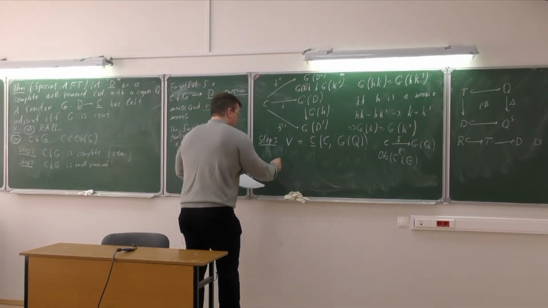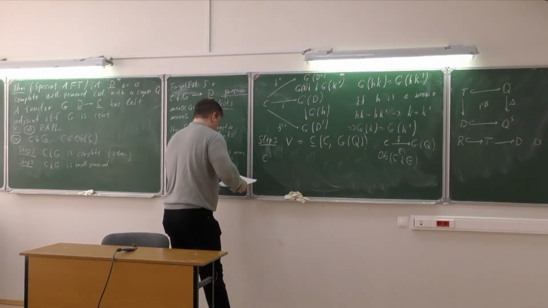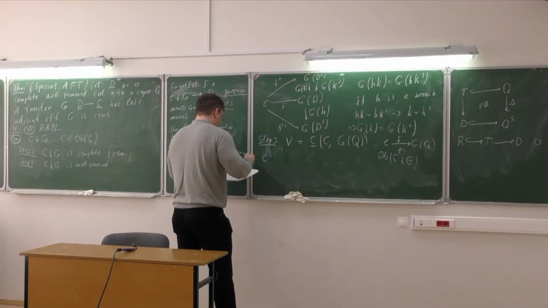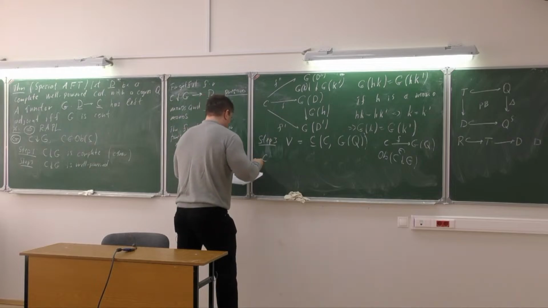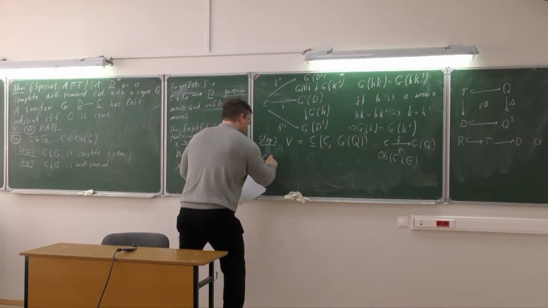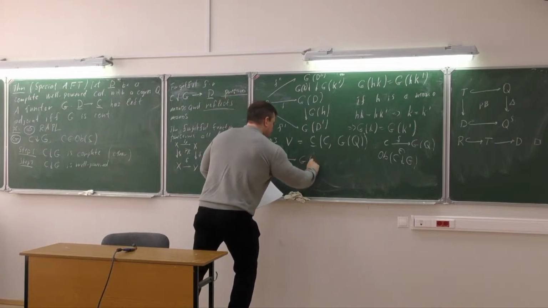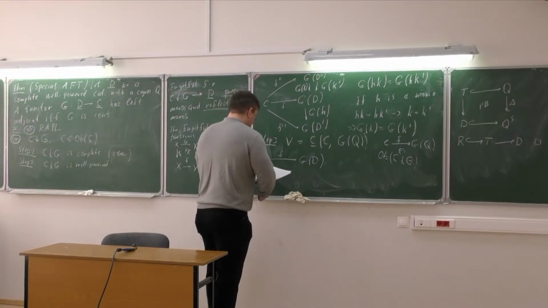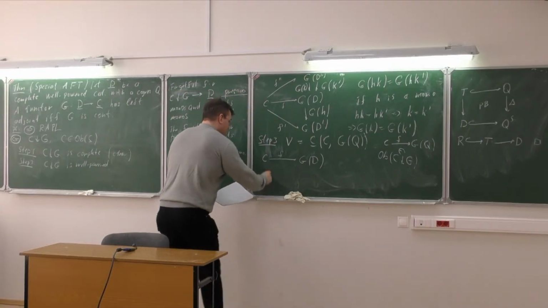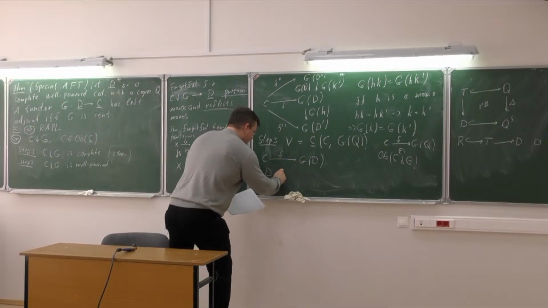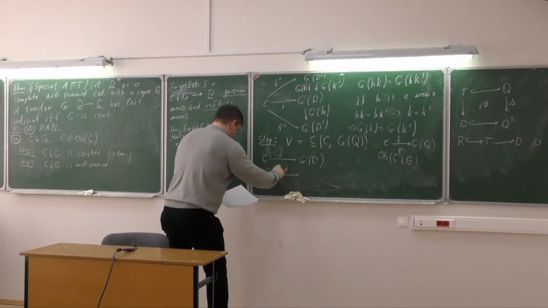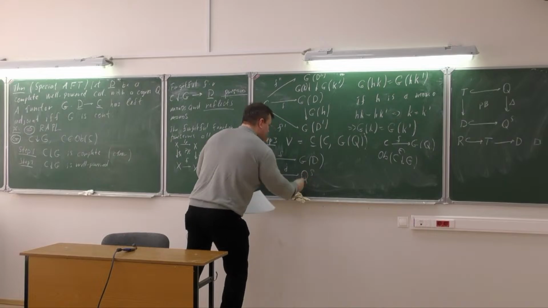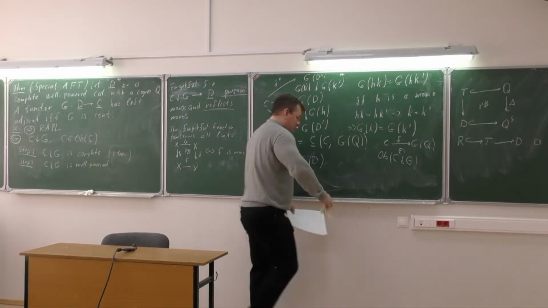Okay, and now I take C. Let's take some diagram. So we have C, F, G of some object D, some object in the comma category. Now for this object D, I can find an embedding, let's call this J, to Q to the S, by the same reasoning as before.